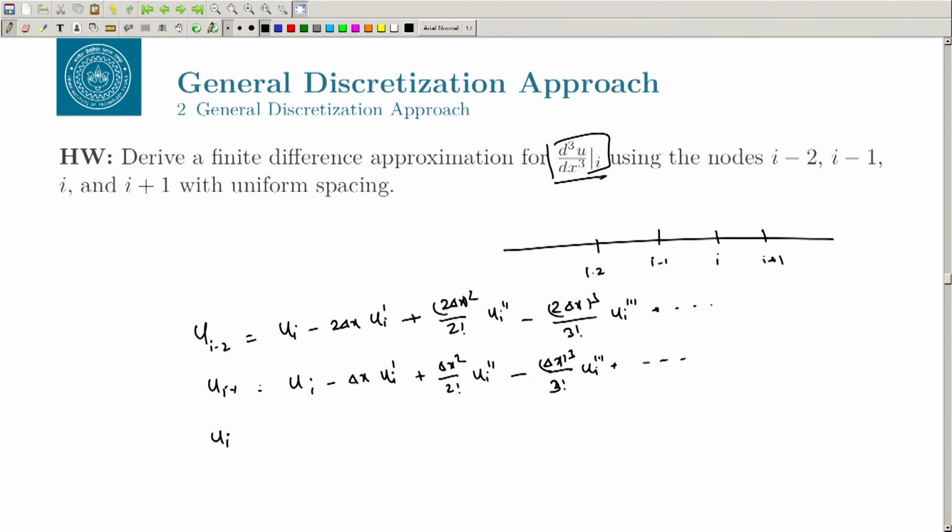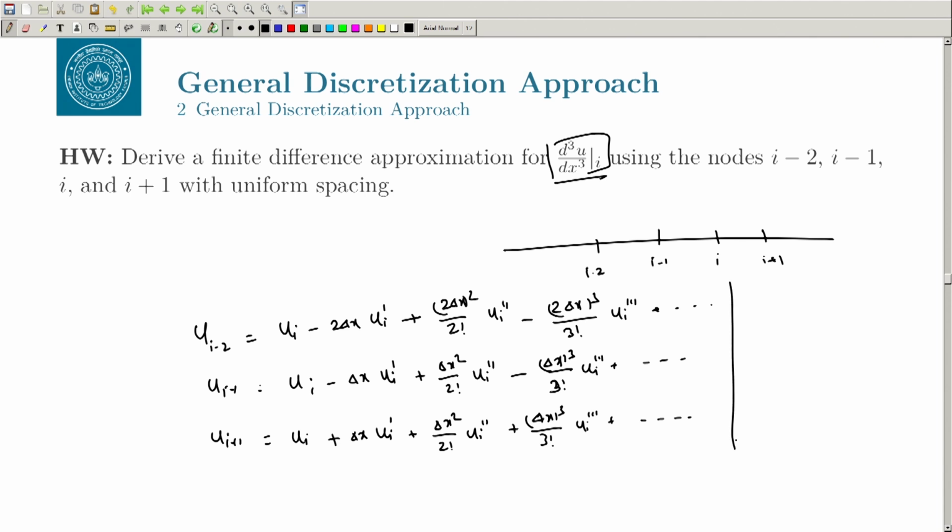And similarly, you have u I plus 1 be u I plus delta x u I prime plus delta x square by factorial 2 u I double prime plus delta x cube by factorial 3 u I triple prime, and so on and so forth, right.